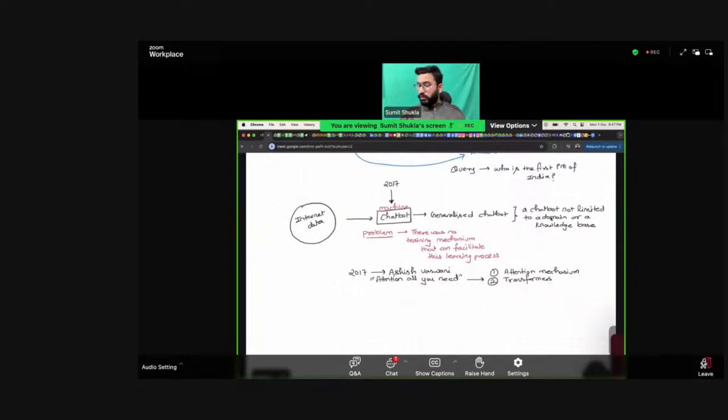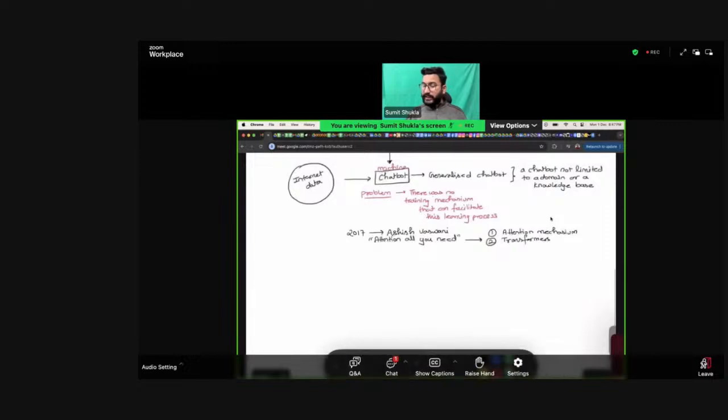So these were the two techniques which helped OpenAI, which helped Gemini and every other company to start training their generalized chat model. Using this ideation, which was proposed by Ashish Vaswani, OpenAI and Google both simultaneously started implementing this paper.